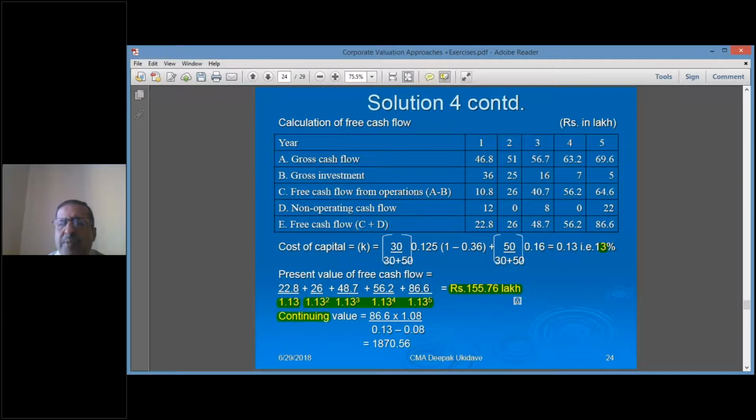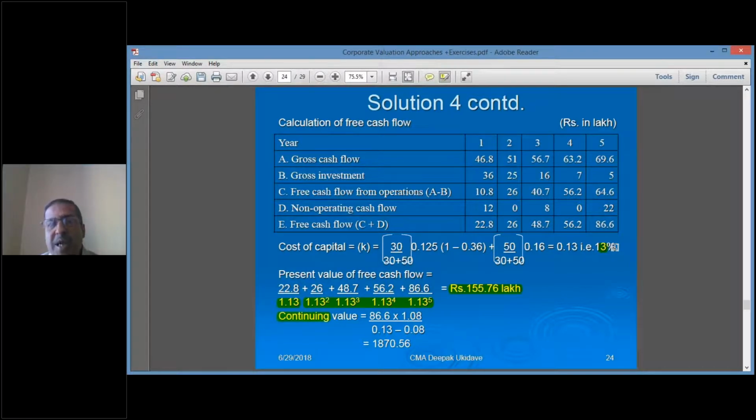155.76 lakhs. Just confirm that you are getting this. Calculator pe karo. Now this is subject to your 13% coming as correct. If your cost of capital 13% goes wrong, then obviously your present value of FCF will go wrong. That's what I told you in the beginning of this session, that these calculations are time consuming, lengthy.